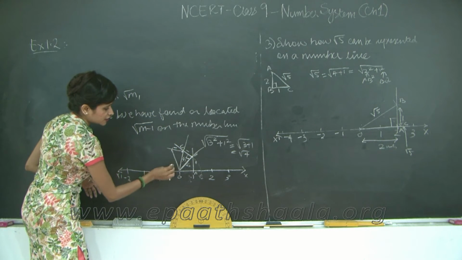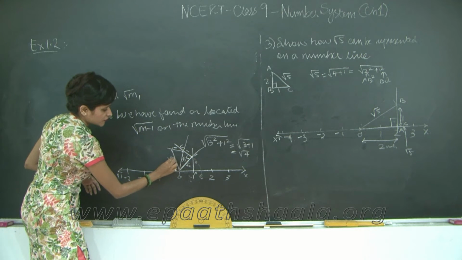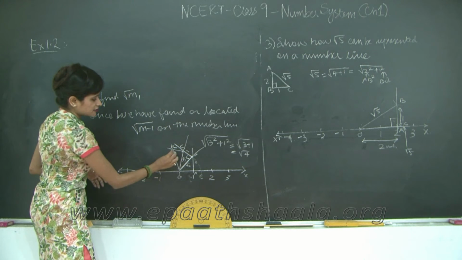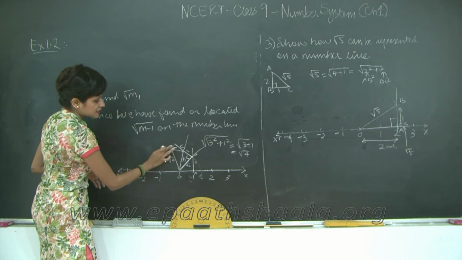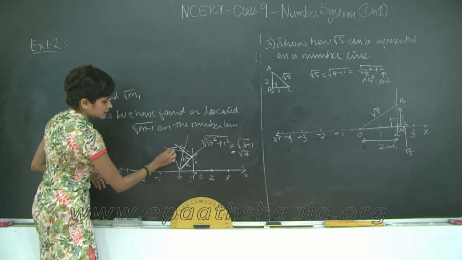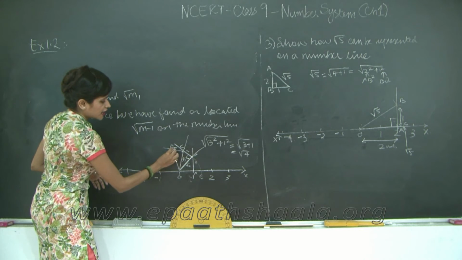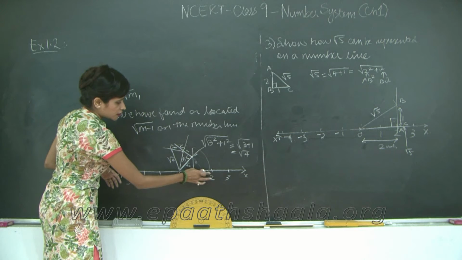So this length here is root 4. Now with O as my center and OD as my radius, this point is D, I will just cut an arc here, right?